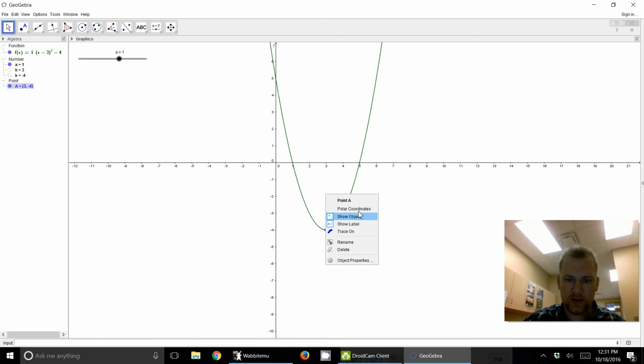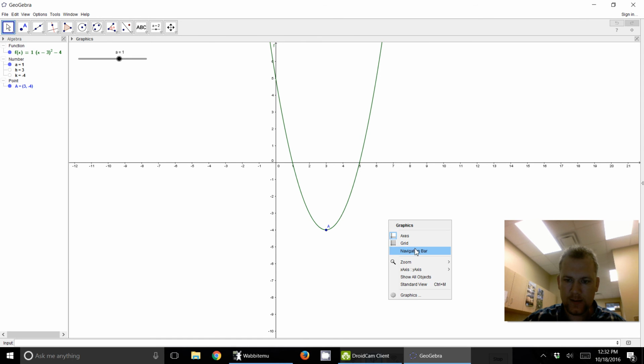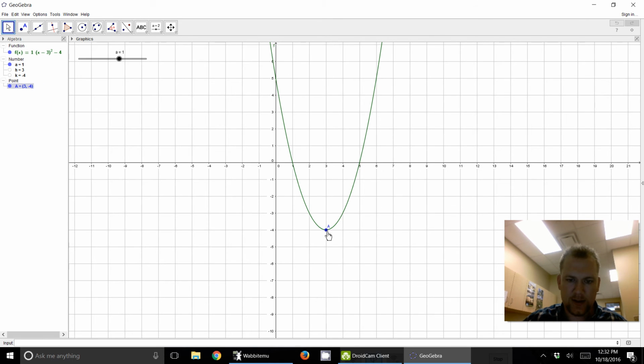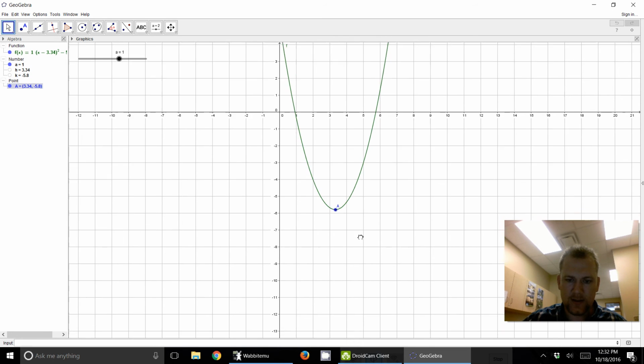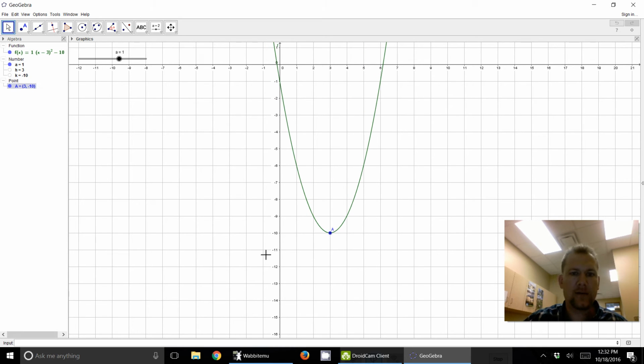Okay. So if we make h to be 3 and we just move this to -3, you can actually make it show a grid. Oops, I gotta get off that point. But you can have it show a grid, which is kind of nice, and then it might snap to the grid. So we were at 3, -10, so we're down here. Right? You see what it does?